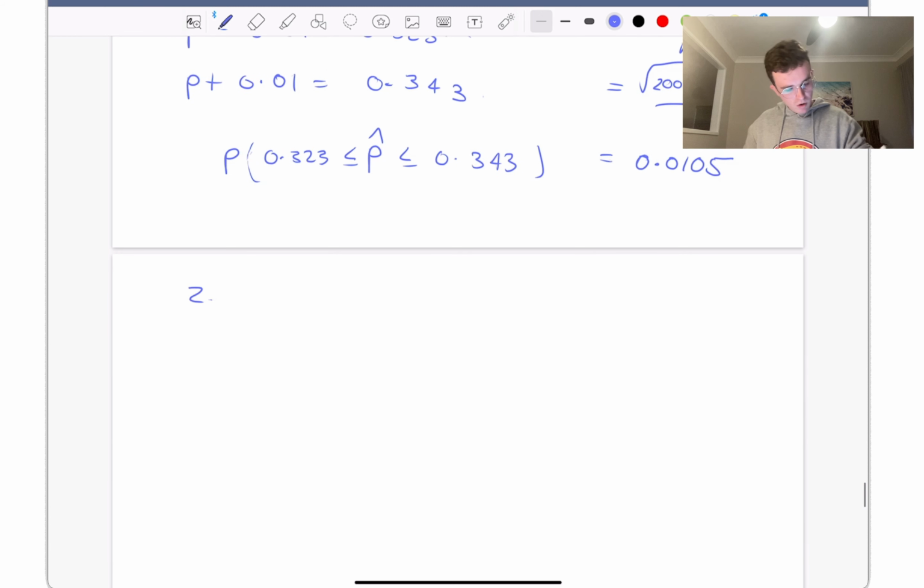So let's do z-score 1. It's going to be the value 0.323 minus the average of 0.333 ... over, we might be really accurate and write that as 1/3 over 0.0105.